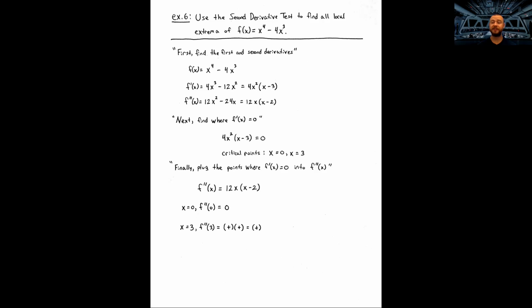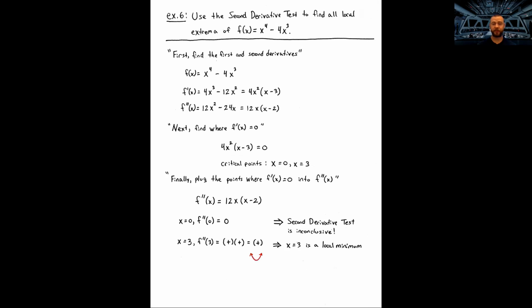If you take your simplified second derivative, the factored version, and plug into there, you can get the signs very quickly. If you plug x equals 0 into your second derivative, you get that your second derivative just becomes 0. And if you plug x equals 3 into your second derivative, you should find that you get a positive sign for your second derivative.